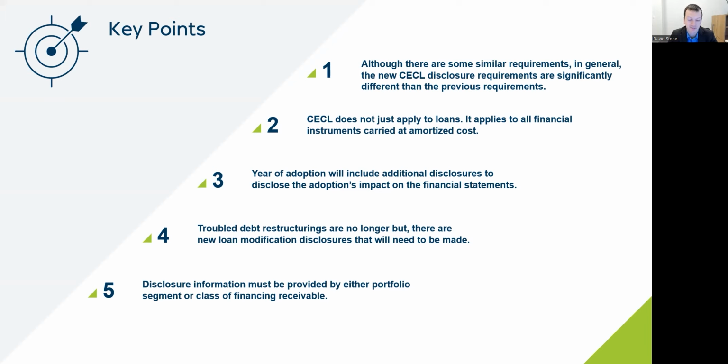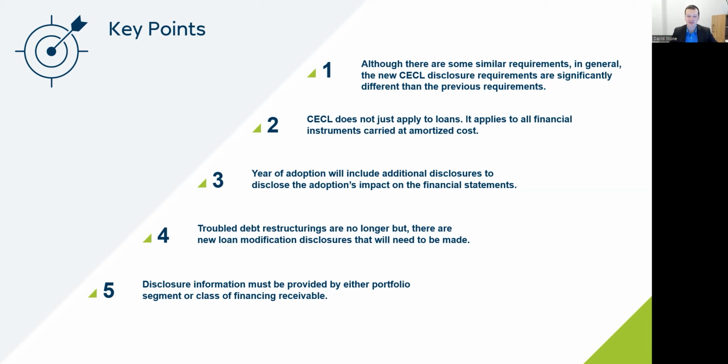It's going to be important to, A, figure out how to gather this info, and B, make sure that it's actually the information that you need to support the disclosures and the financials. So it's never too early to plan for these new disclosures. Start poking around, figure out where this information is in your core, where it is in your CECL model. Make sure you have access to it, and the accessibility of it is going to depend too. There might be instances where some fairly significant manipulation needs to be done to a data set to get it in disclosure-ready form. So keep that in mind.